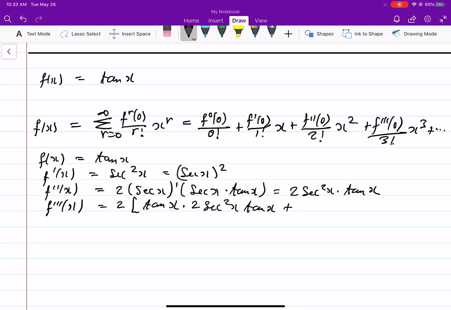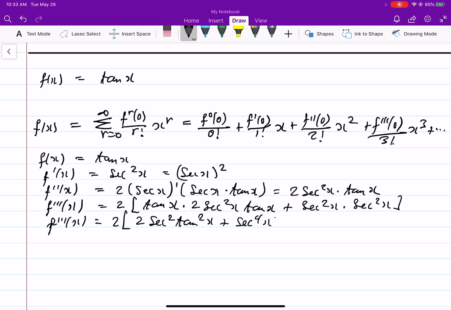Plus, hold the first one fixed, sec squared x, differentiate tan, you get sec squared again. You tidy that up a little bit. f triple prime of x is equal to 2 into, on the inside, 2 sec squared tan squared plus another sec squared, plus sec to the 4th power x, like so.